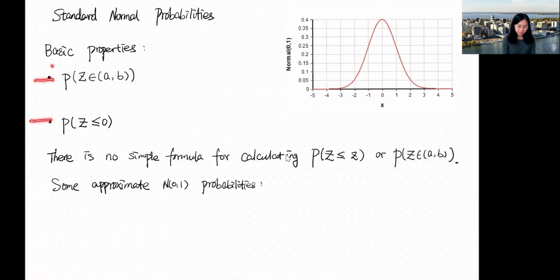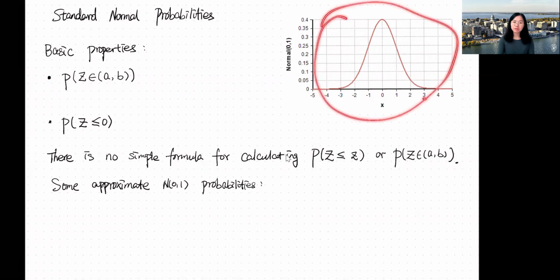Two basic properties that are very useful are a result of the symmetry of the probability density function. This picture shows you the probability density function of a standard normal random variable.